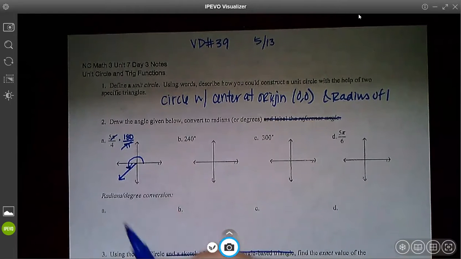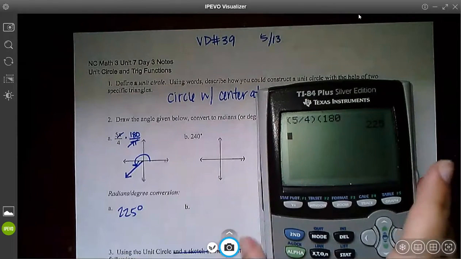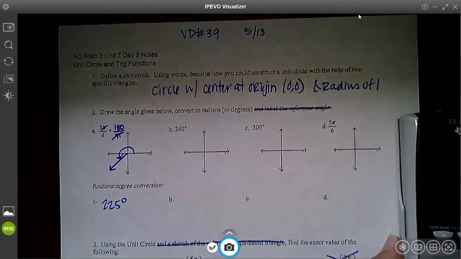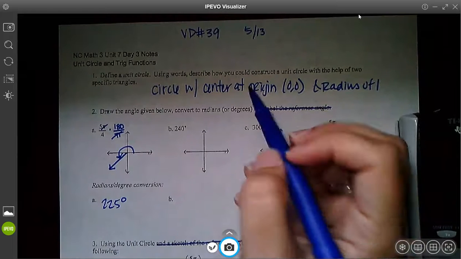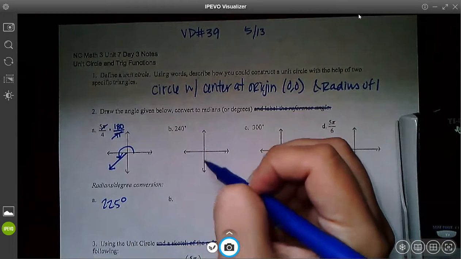Sorry, I should have put my work down here. 5/4 times 180 gives you 225. Next is 240. So 240 is, if this is 90, 180, these go in 90. This is 270.